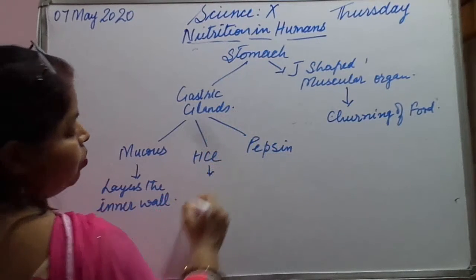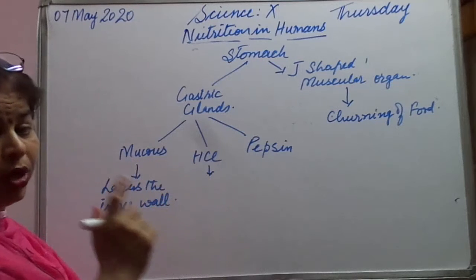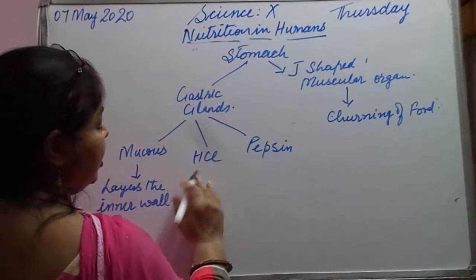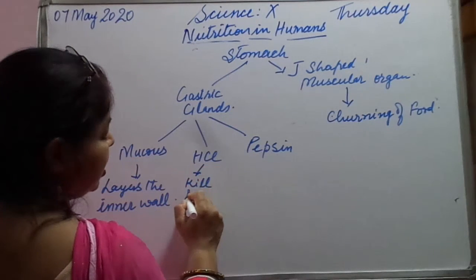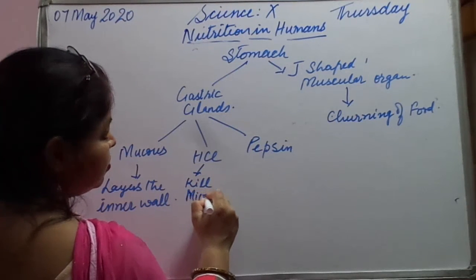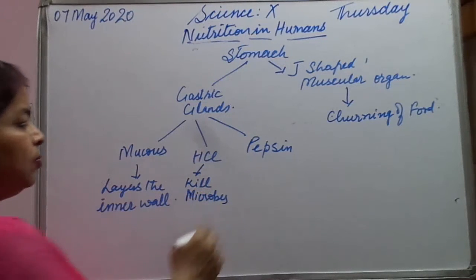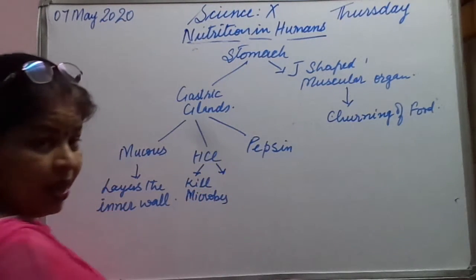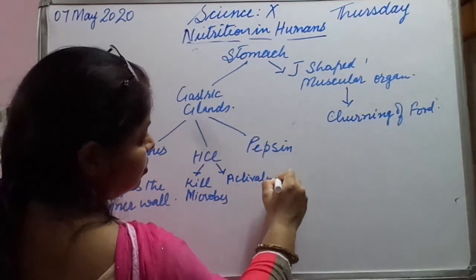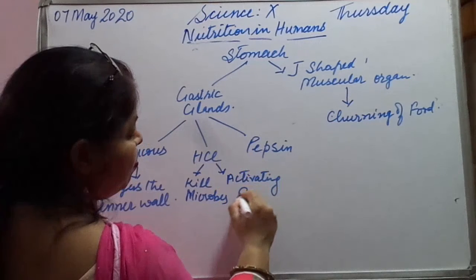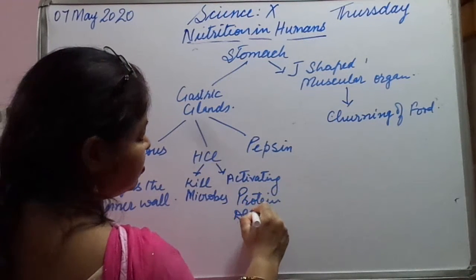Now, HCl, what is it going to do? It will do a few important actions. What? It is going to kill bacteria or microbes that have entered with the food. Okay, it also helps in activating protein digesting enzyme.